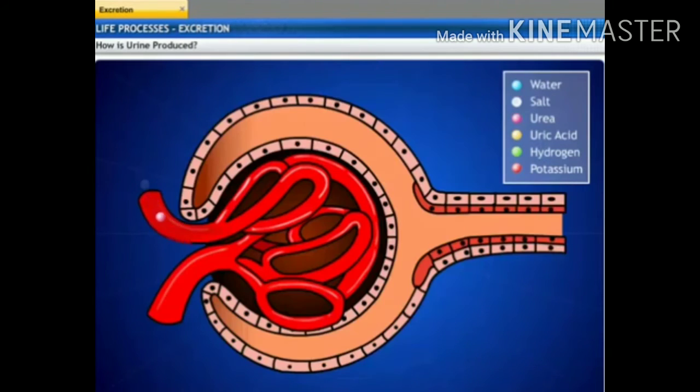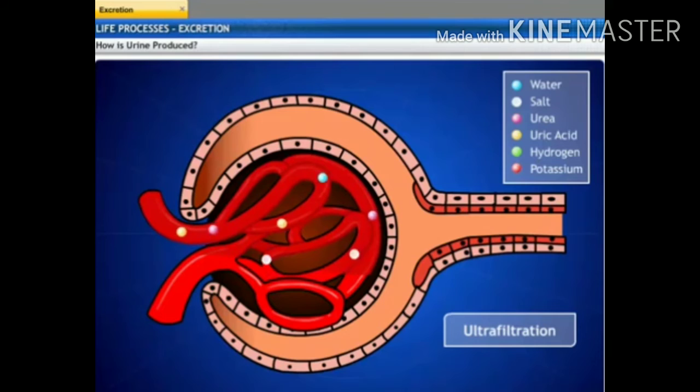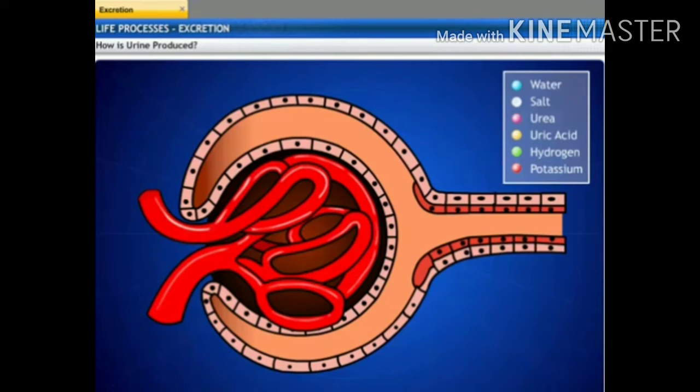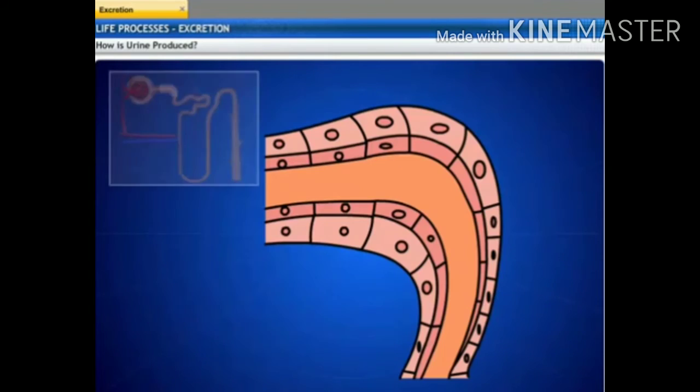Nephrons filter minerals, wastes and water but retain red cells, proteins and large molecules. This process is known as ultrafiltration. The filtered blood is returned to the body through the veins.